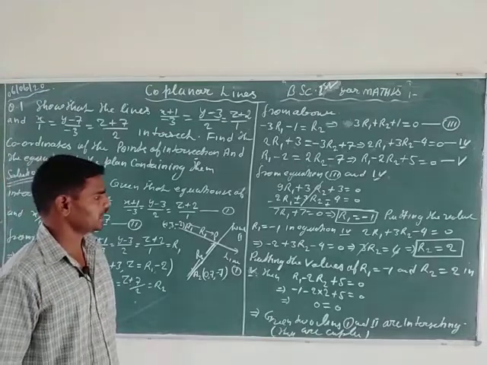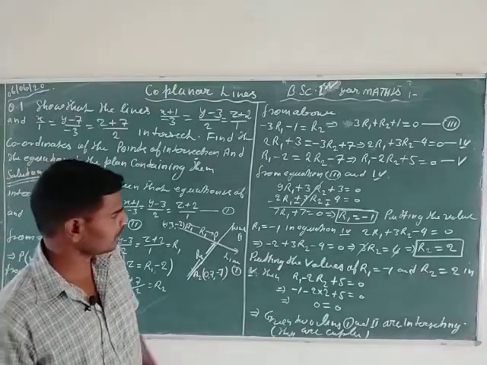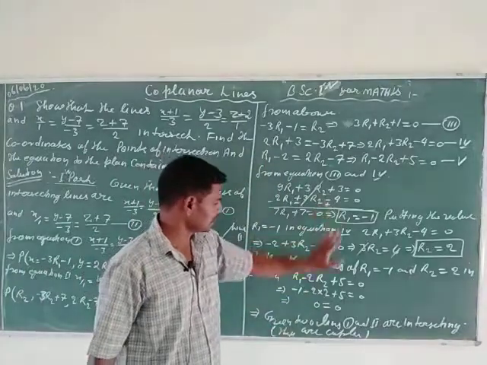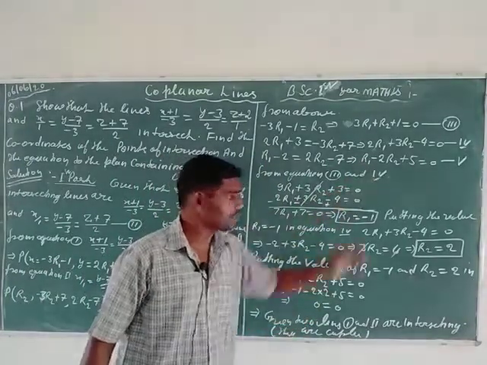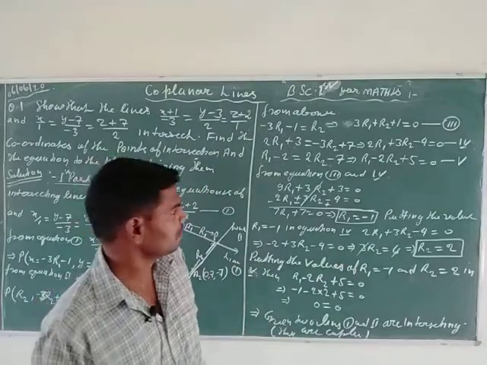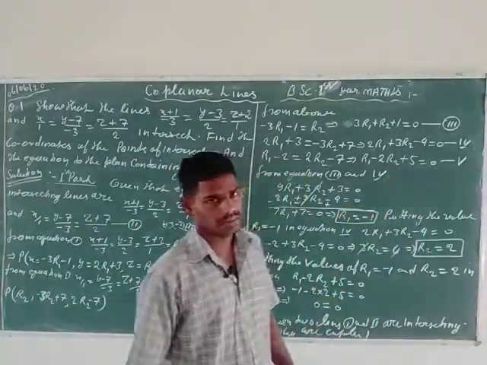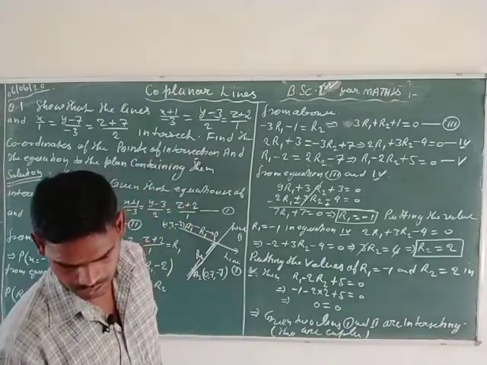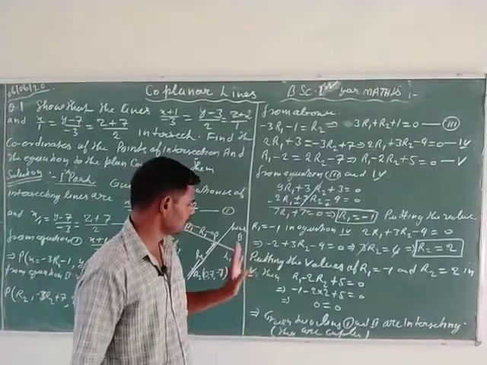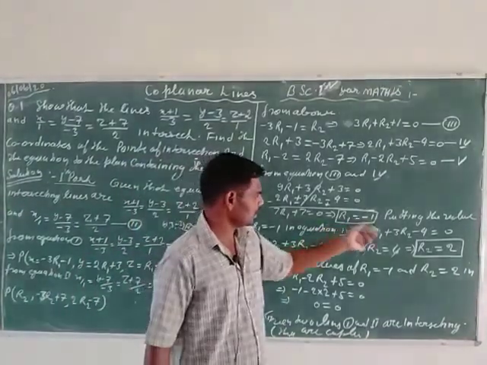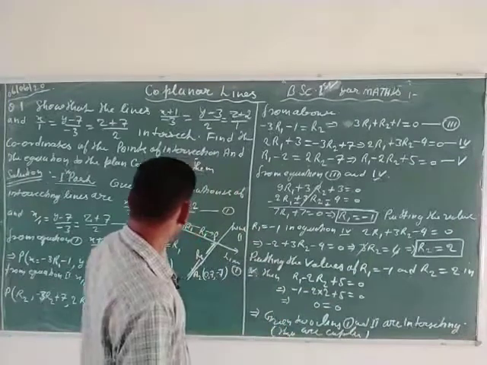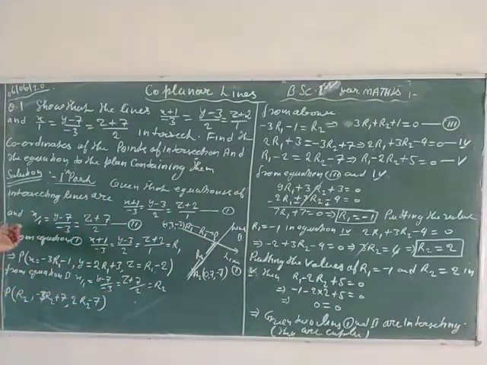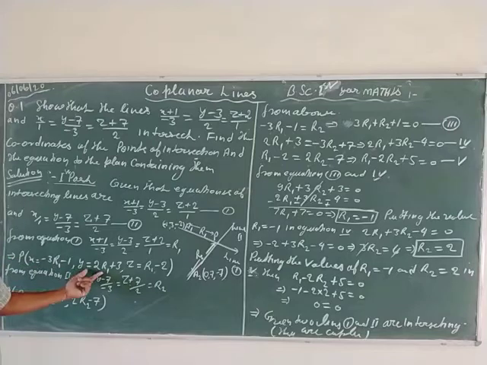So the values of R1 and R2 satisfy the last equation, equation fifth. If satisfied, then you can say the given two lines are intersecting each other, meaning they are coplanar. After this, putting the value of R1 or R2, the complete coordinates of intersecting point capital P will be the same.